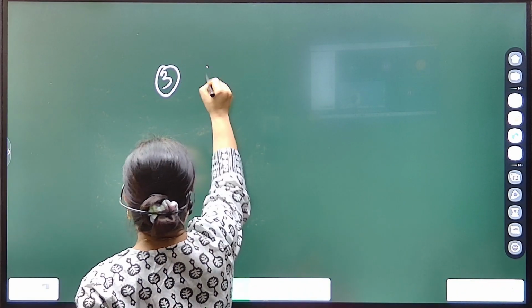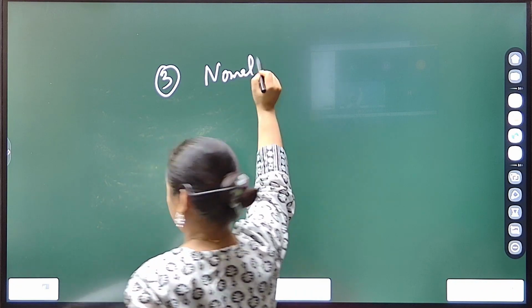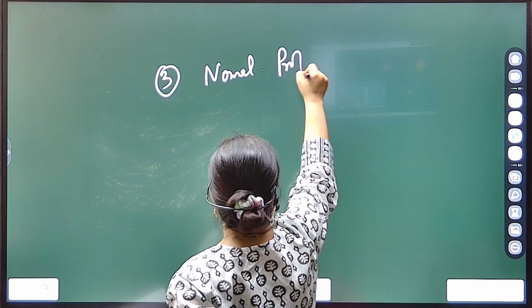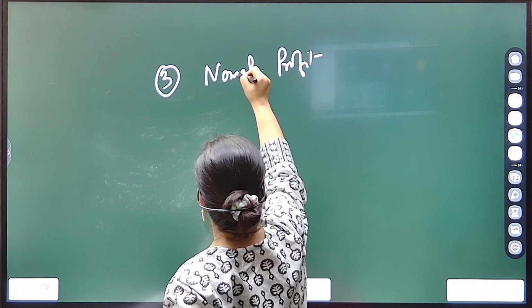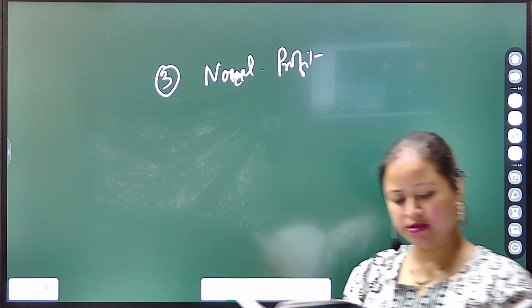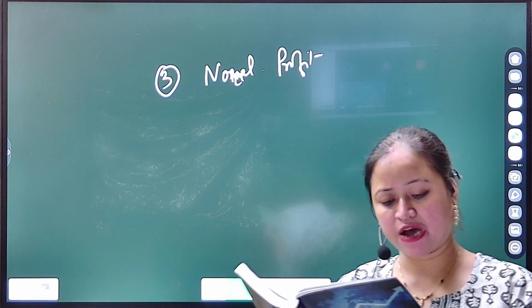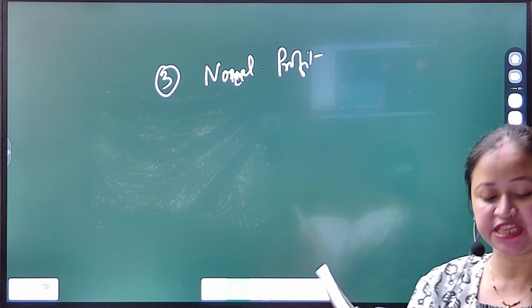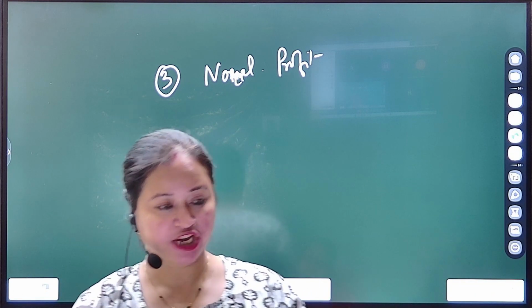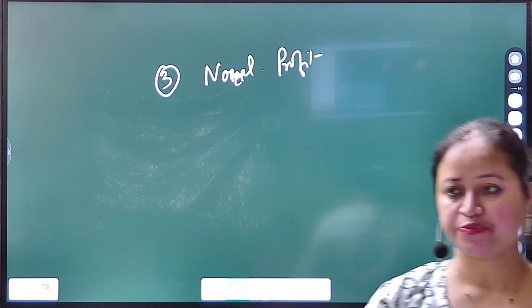Now next one, number 3, that is your normal profit. The minimum amount which is required to keep an entrepreneur in the production process is known as normal profit.